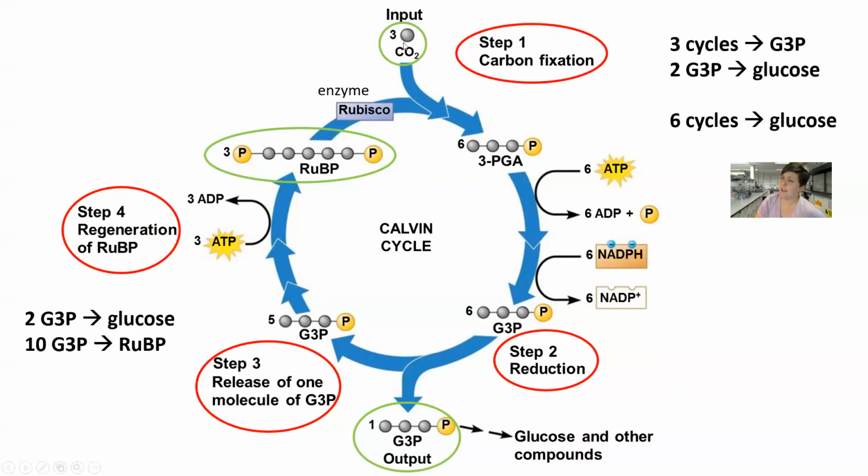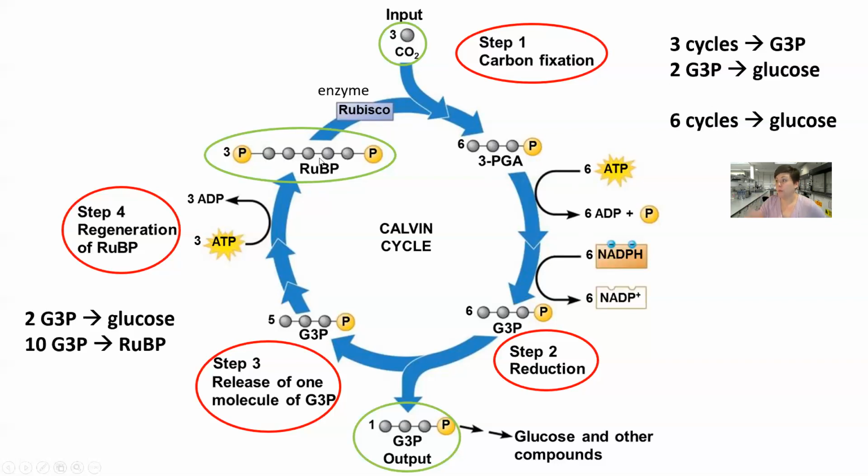What happens is it actually takes 3 RUBP molecules and 3 carbon dioxides. You get 6 of these PGAs. A couple of other things take place, but basically you have 3 cycles of this, and through those 3 cycles you generate 1 glucose 3-phosphate.